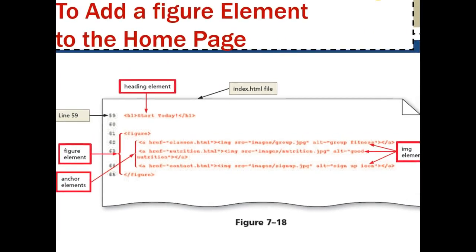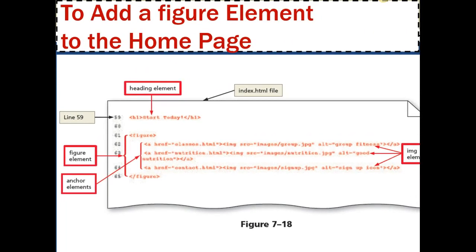The next thing is that we want to add a figure element to the home page. This is your heading element that you have here. And then you can put the figure element that you just learned. And then you can put all of your image properties and your description here.